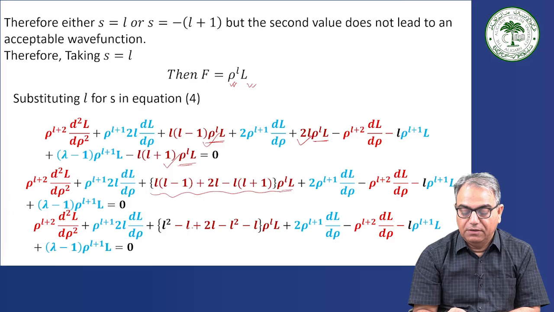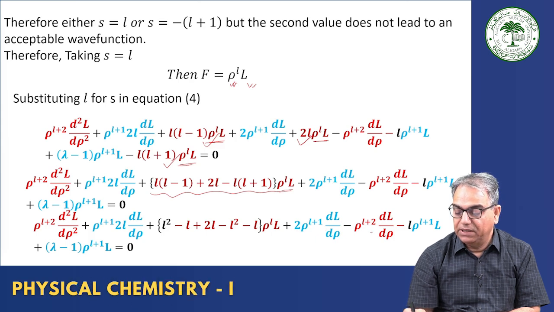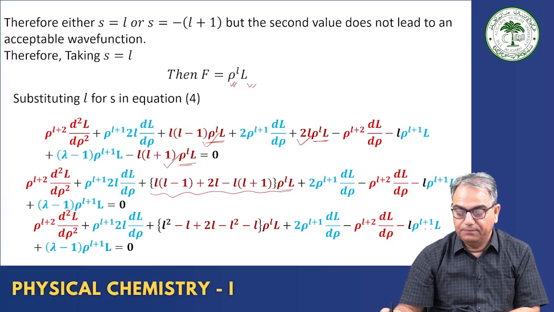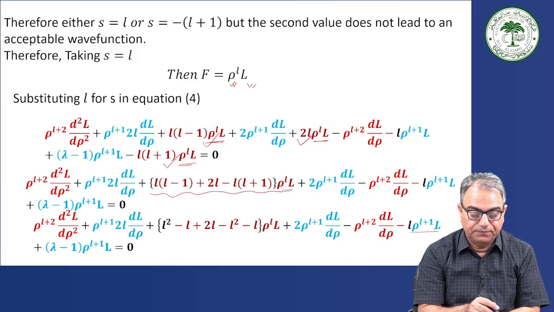Okay, 2L and 2L will go, you have L² minus L², so this will also go, and you have 2 rho^(L+1) dL/dρ, rho^(L+2) dL/dρ. Okay. So, this will be what? Rho^(L+1), rho^(L+2), and this is rho^(L+1) into L, rho^(L+1) into L. So, you can combine these.